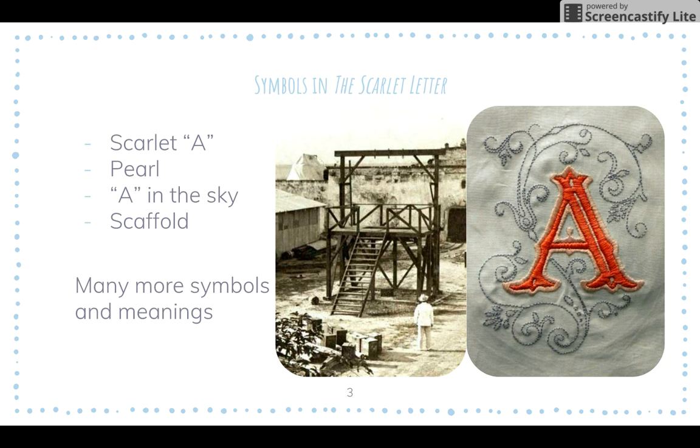The next symbol is Pearl. Pearl also symbolizes the adulterous mistake that Hester made, this awful thing. And it really bothers the rest of society that she could be so beautiful.